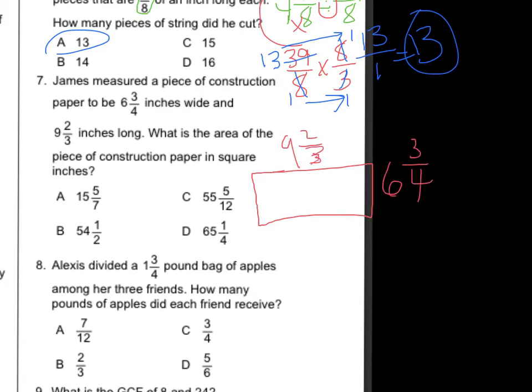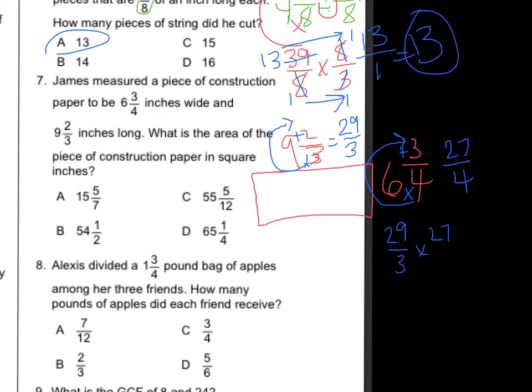Before we can multiply these, what do we have to do? We have to change them to fractions. 3 times 9 is 27, plus 2 is 29 thirds. 4 times 6 is 24, plus 3 is 27 fourths. That's what you're going to multiply. 29 thirds times 27 fourths.